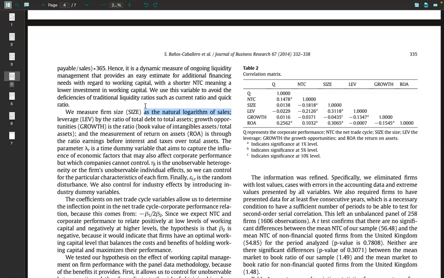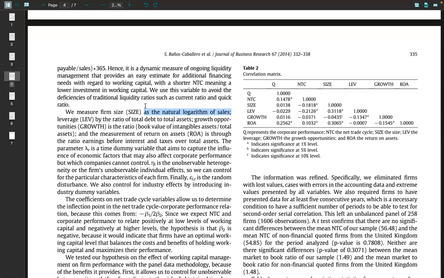Another one is the measurement of return on assets. We know that it's the ratio of earnings before interest and taxes over the total assets. You can use the return on assets after the taxes or before taxes, but the authors over here incorporate before the taxes.